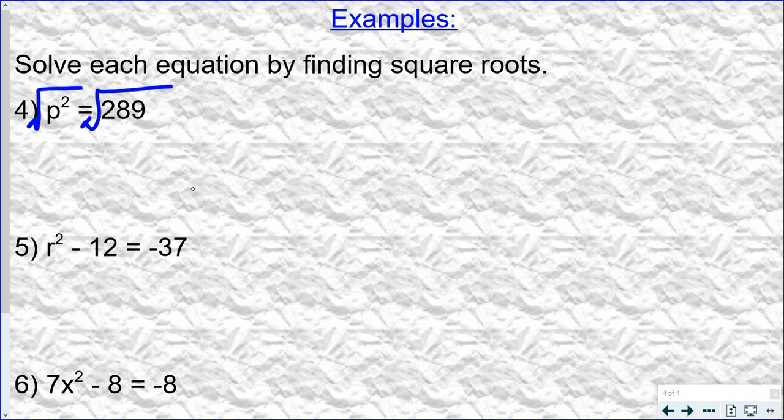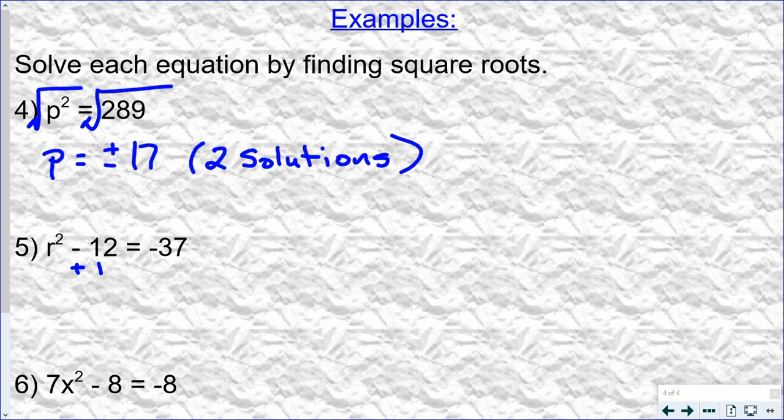So the square root of 289 is 17. So p equals, don't forget, positive or negative 17. That means there are two solutions. So again, this one crosses the x-axis in two places, at 17 and negative 17.